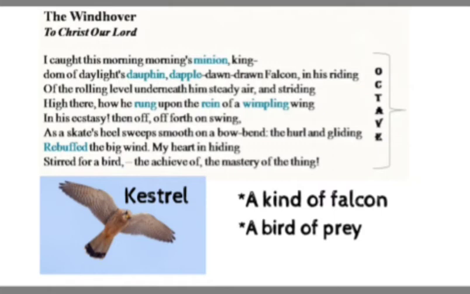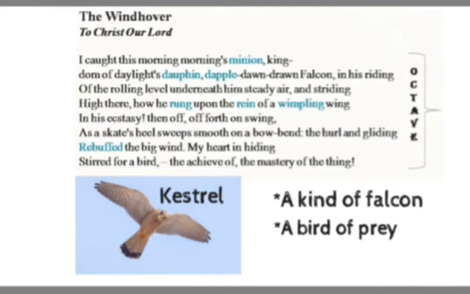In fact, this bird has the unique ability to hover in the air as it looks for its prey on the land. So the poet says that the bird was flying around in the air with such great skill that he compared it to a horse rider. So why did the poet compare the flight of the bird to a horse rider?